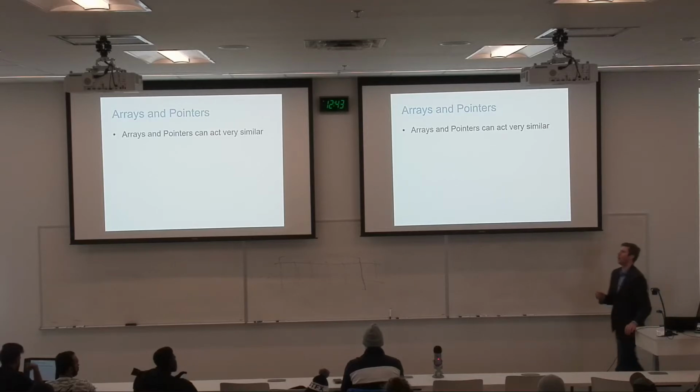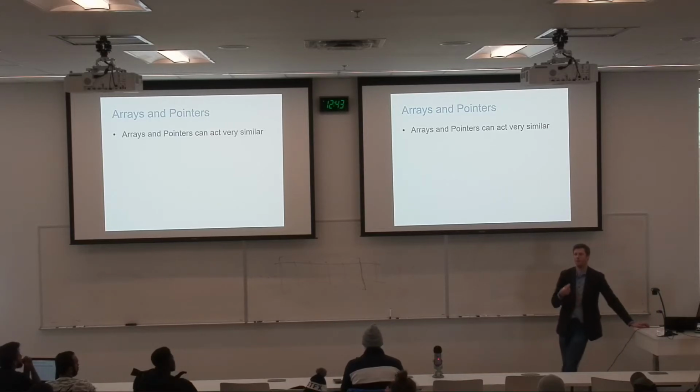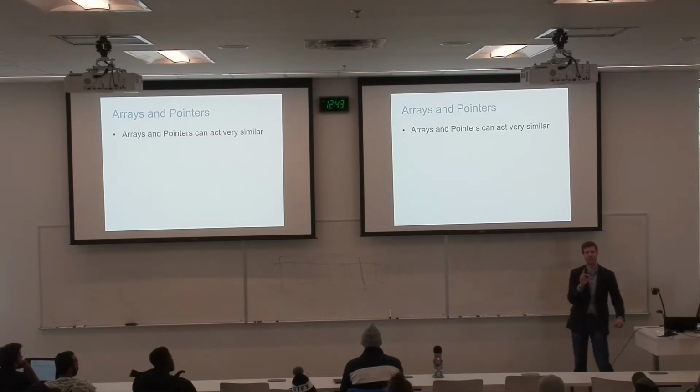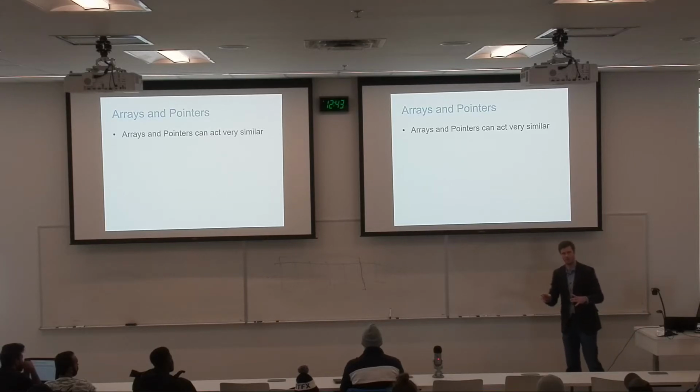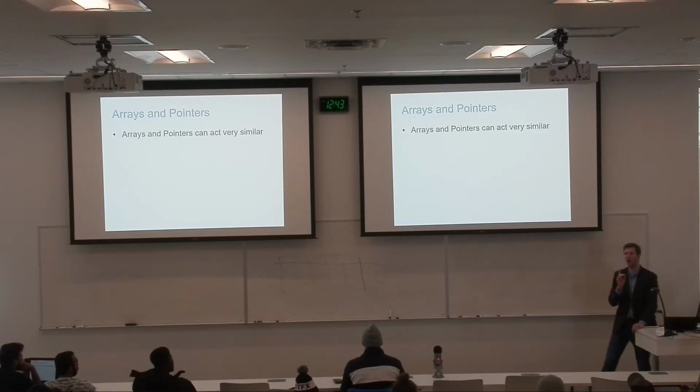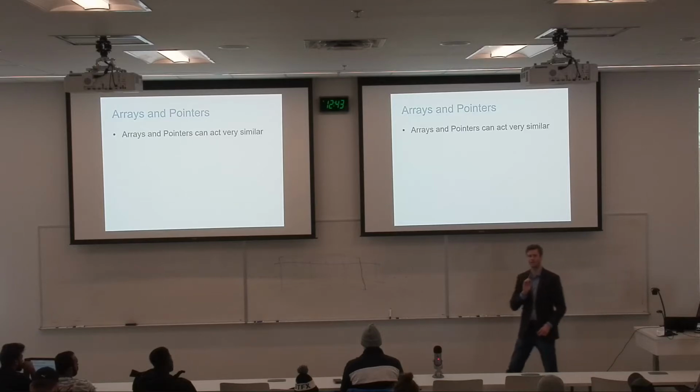So arrays and pointers are going to seem very similar. In fact, who here was thinking that when I started drawing RAM like that, you kind of had pointers in your mind? It's fine if you didn't, but if you did, that's good. This might be more obvious for those of you that were in lab yesterday.